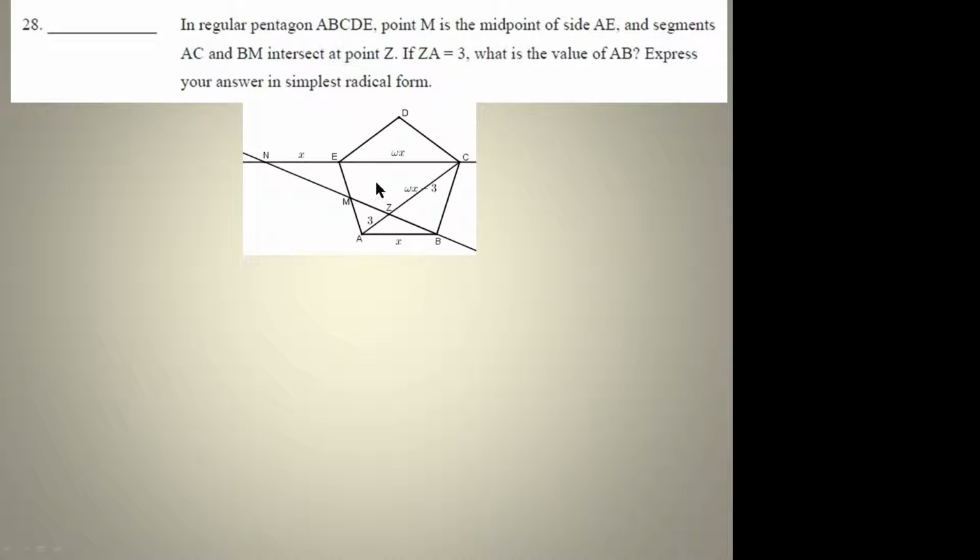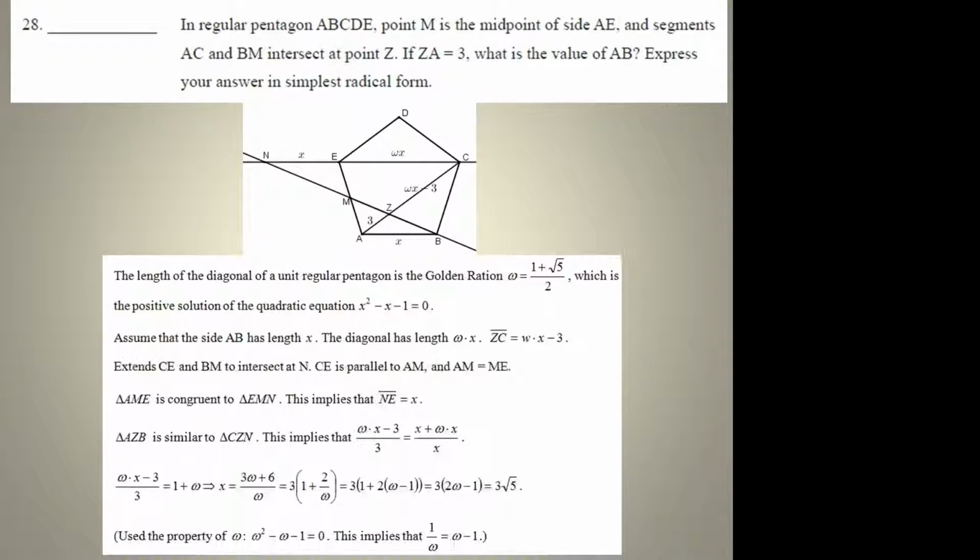So let's see here. First, if you know the side, you should be able to find the diagonal. The length of the diagonal of a unit regular pentagon is the golden ratio, omega, which equals 1 plus square root of 5 over 2.